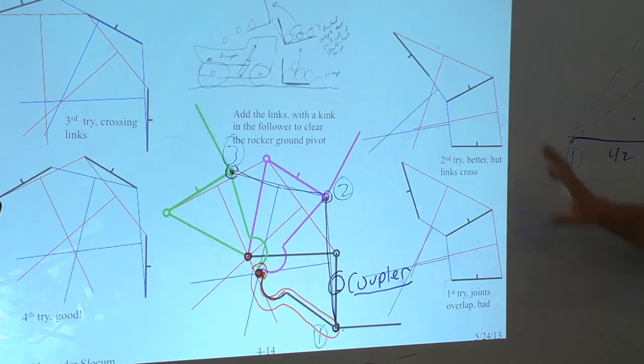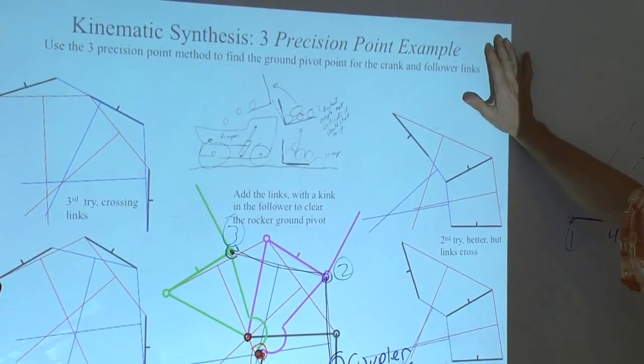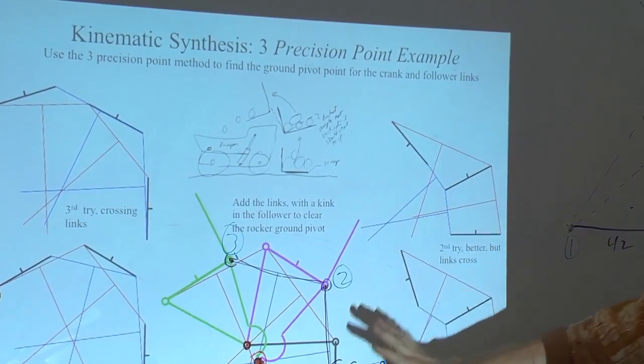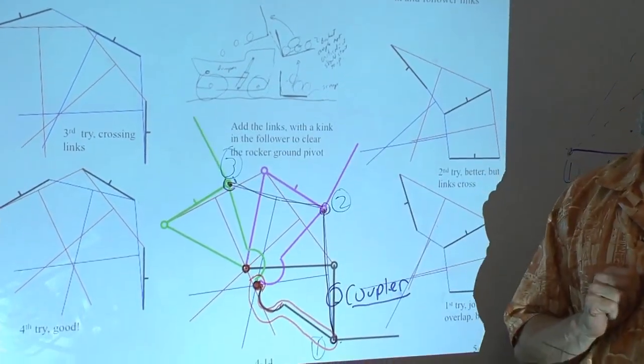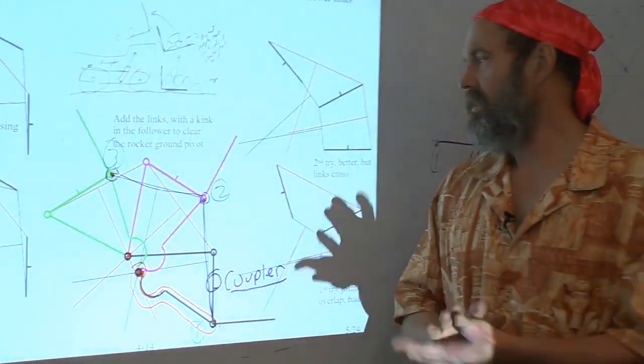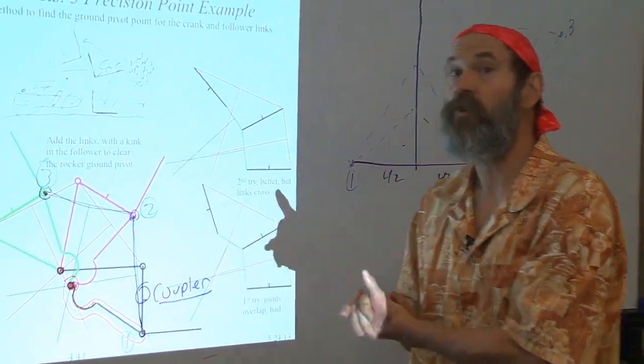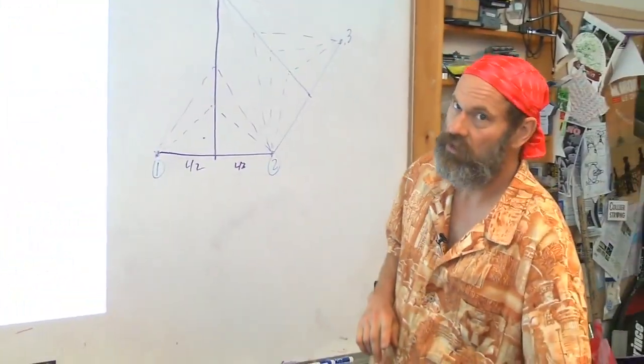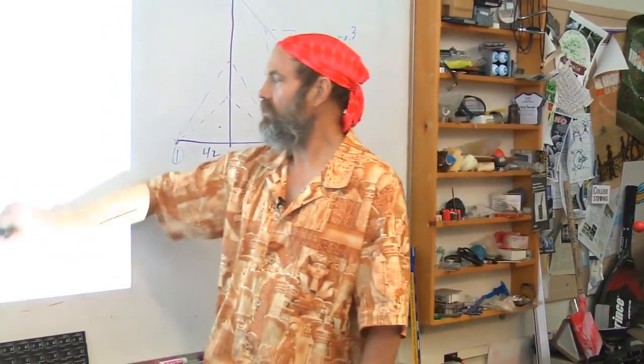So this is a very, very powerful graphical method: you just pick 3 positions and you're all set. You can very exactly figure out your linkage shape for a 4-bar linkage. Very, very powerful graphical tool. And you know what?